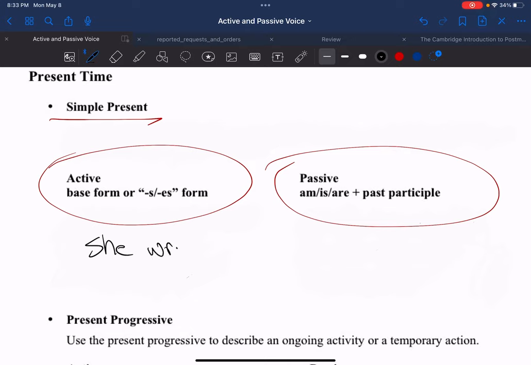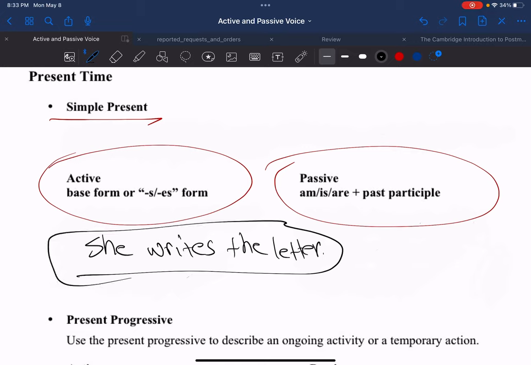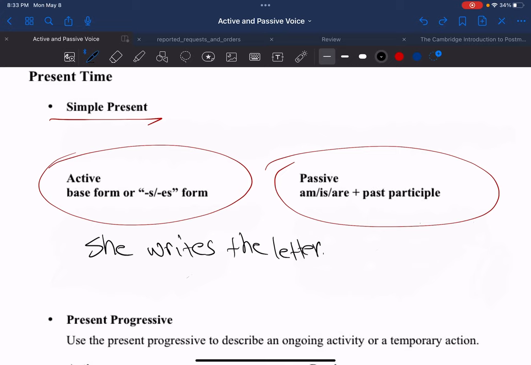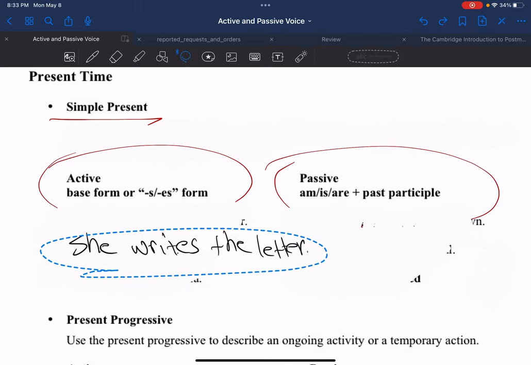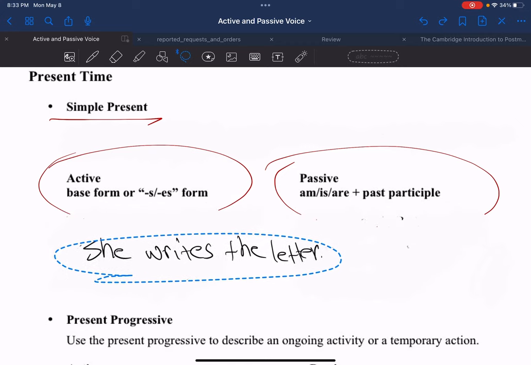She writes notes. Or the notes. She writes the note or the letter. Now, this is a perfectly normal sentence. Active and it's present simple.